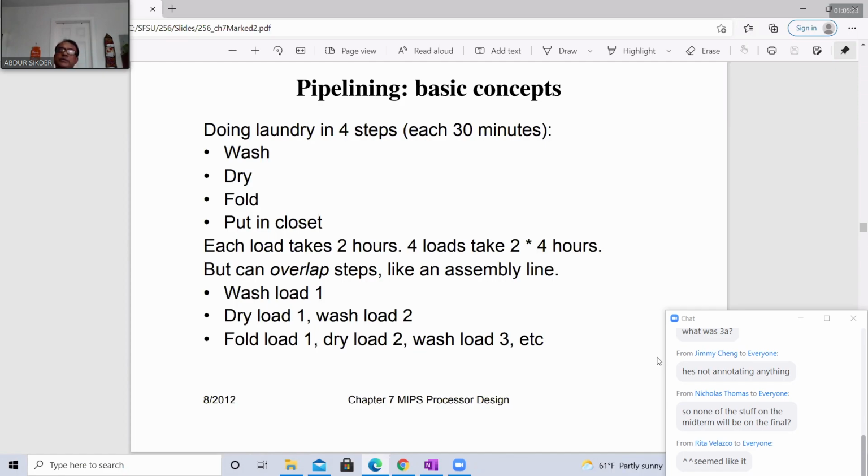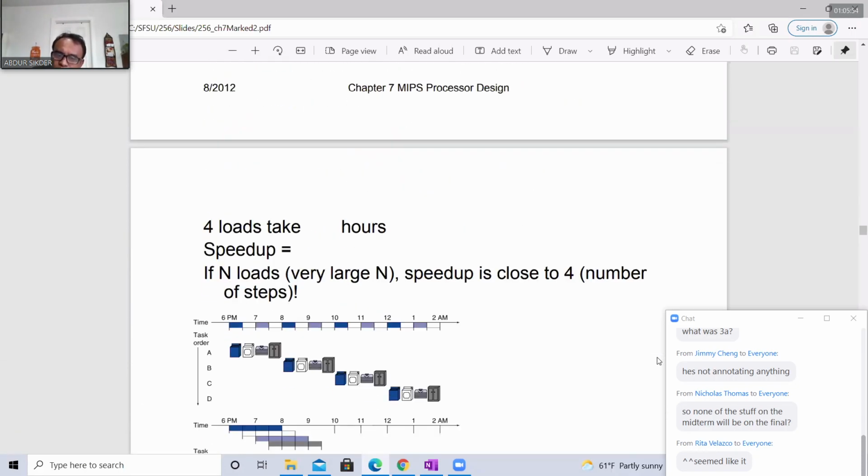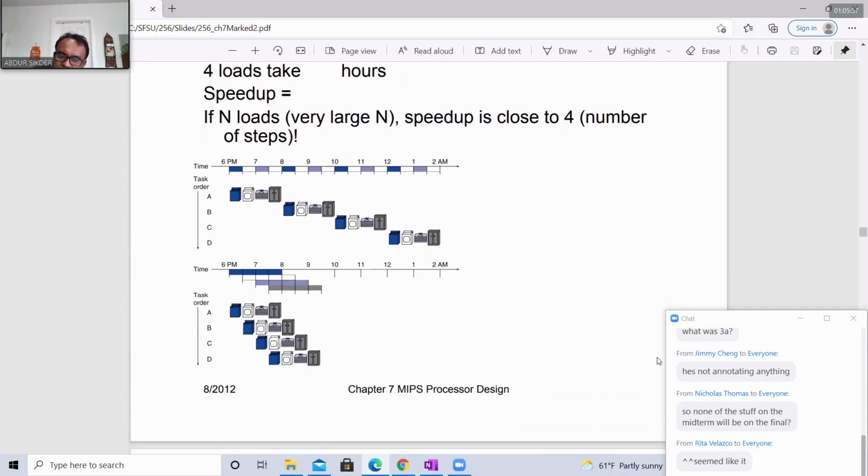In this time you cannot do much else. After 30 minutes, you put those clothes into the dryer and go to basket two and put it in the washer. So in the second 30 minutes, you're drying one and also washing the second load. Like that, you're folding one and drying another. This saves your time when you finish the full load. That's basically the idea of pipelining.